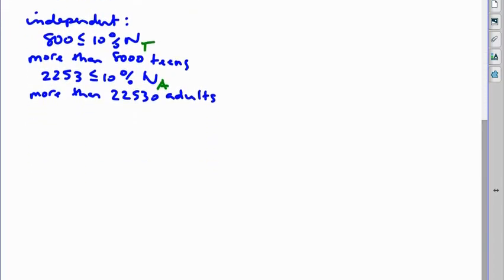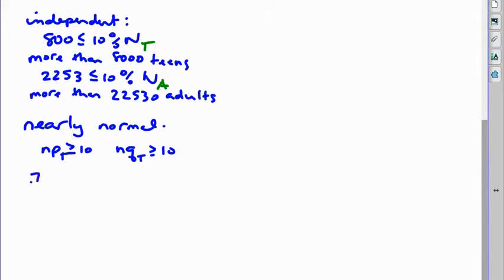And now, nearly normal. So we've got n times p equal to 10 for the teens. Well, of course, this side's going to meet, but I'll just do it anyway.